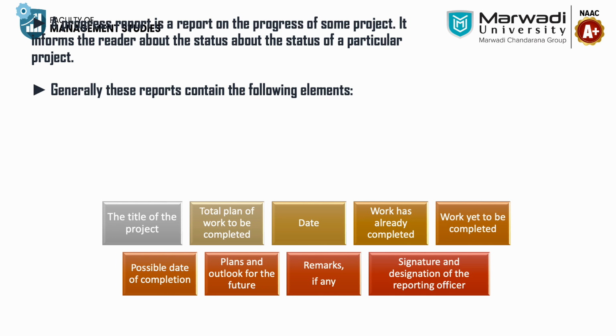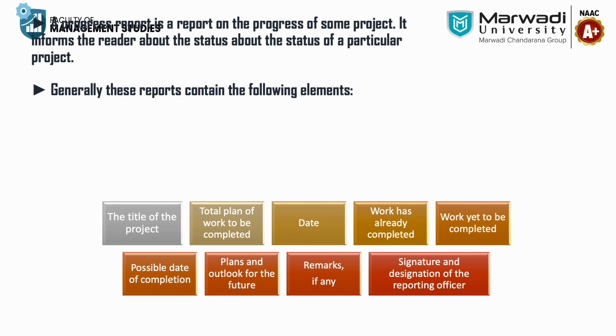Yeah, we're talking about the progress report. So it is going to talk about the progress of some project. It informs the reader about the status of a particular project, and these are the elements: title, plan of the work to be completed, date, what work has already been completed, what work is yet to be completed, possible date of completion, plans and outlook for the future, remarks, signature.